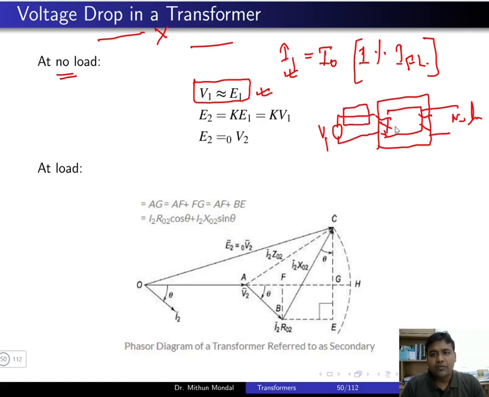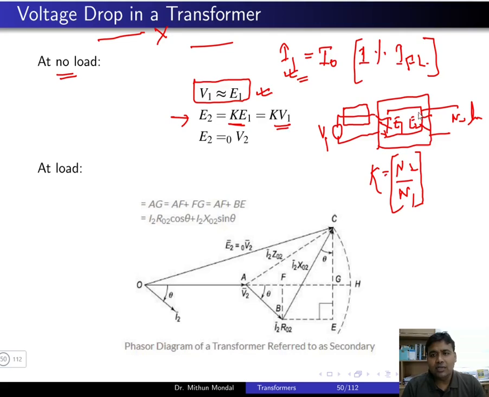Hence V1 is equal to E1, because I1 is very small, and E2, the induced EMF on the secondary winding, is basically K times E1, where K is the transformation ratio, which you can take as N2 by N1. So N2 by N1 is the transformation ratio depending upon the number of turns, and since V1 is equal to E1, you can write E2 is equal to K times V1 directly.